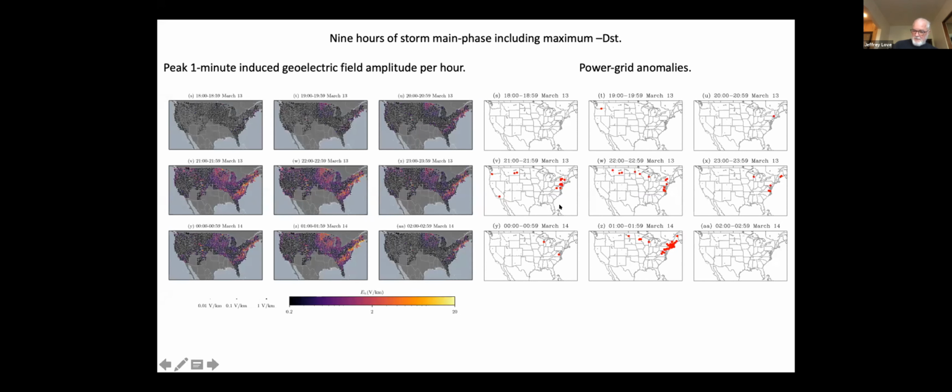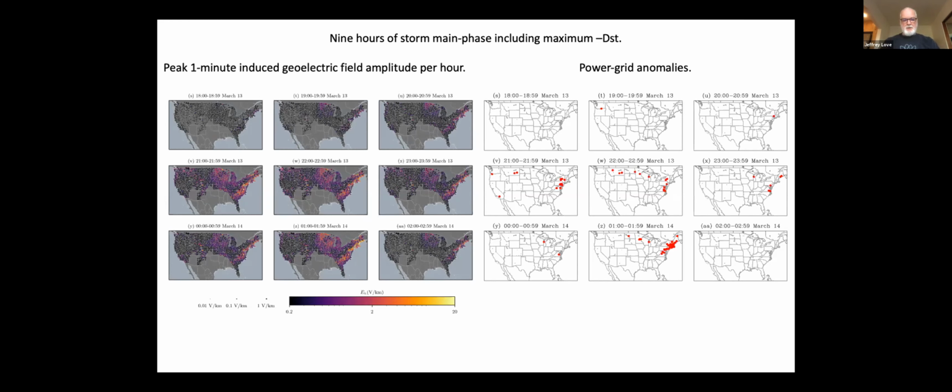So we're seeing something very important here. Using the magnetotelluric data, marrying it with the magnetic observatory data that we understand have their problems, still we can use those data and do a pretty good job of estimating where and when geoelectric fields are experienced across the contiguous United States, and where and when power grid anomalies were experienced.